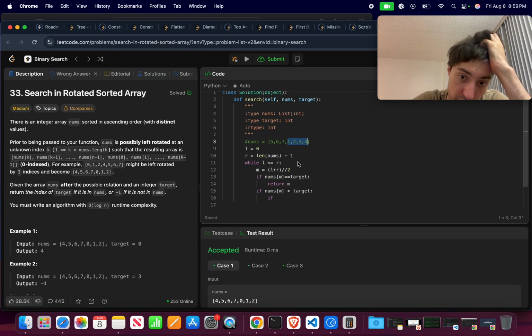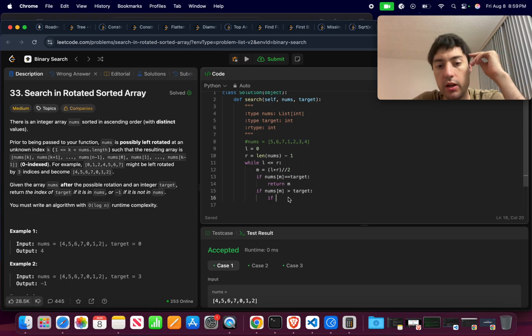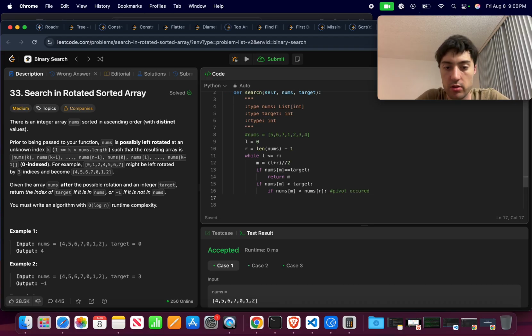This is the way we can figure out if the pivot occurred: if nums of m is greater than nums of right, I'm just going to say the pivot occurred.